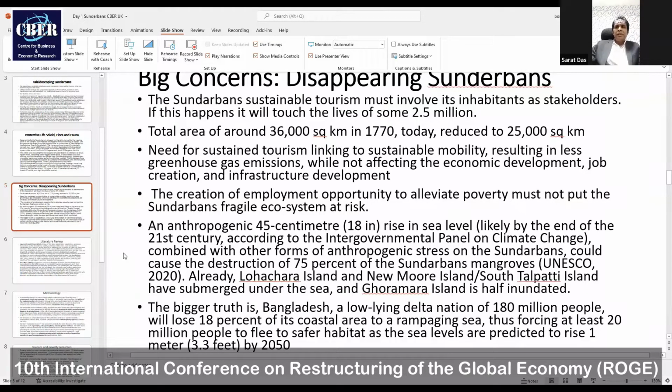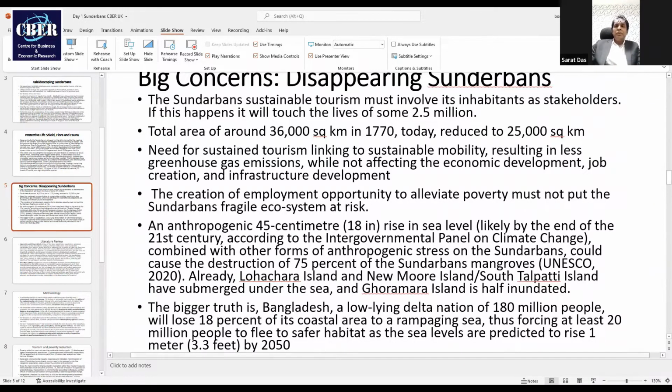And this has already happened. If you see the earliest recorded history of Sundarban in 1770, and we are in 2021 today, the landmass was something like 36,000 square kilometers. Now it is reduced to something like 25,000 square kilometers. So that definitely is a big concern. But an even bigger concern is that in the next few decades, it's going to disappear very fast.